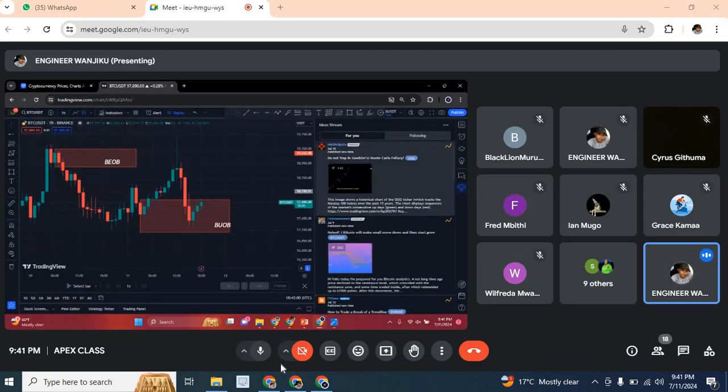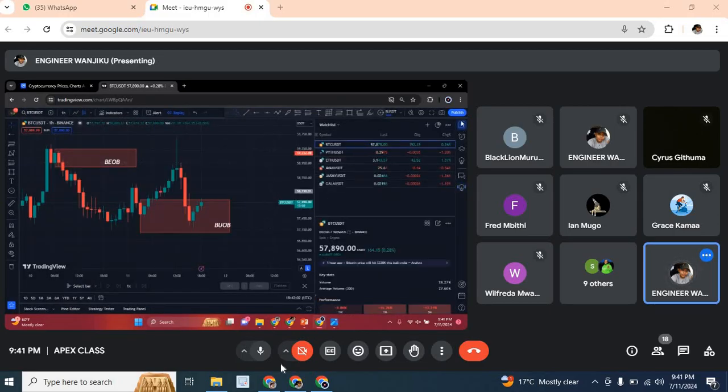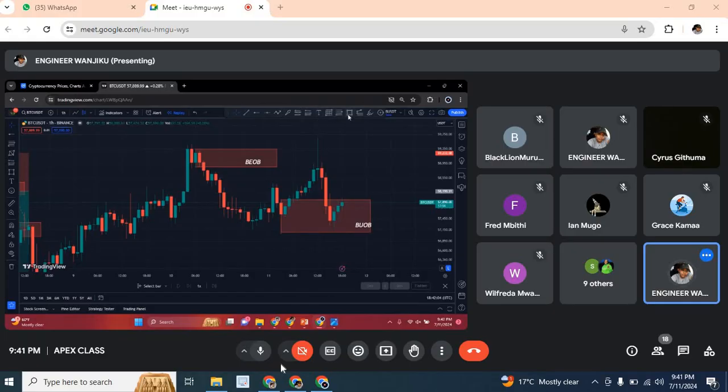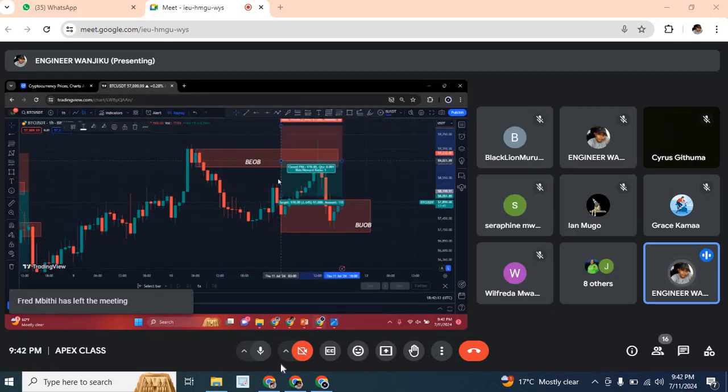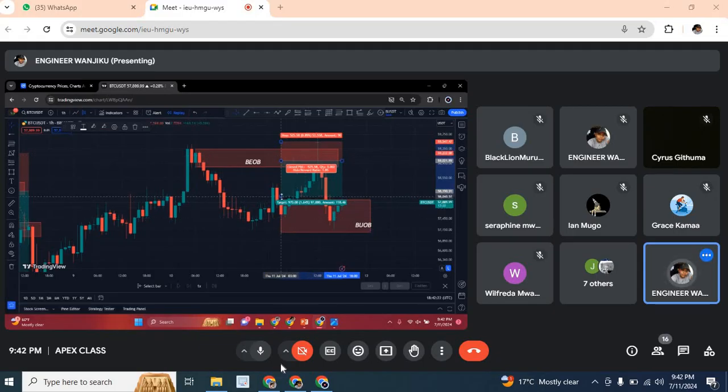So you'll have your sell at this zone. If you extend this like this, you'll have your sell right there. After having your sell right there, you know the market is going to come and retest your bearish order block. Then you can use your bullish order block as your take profit.